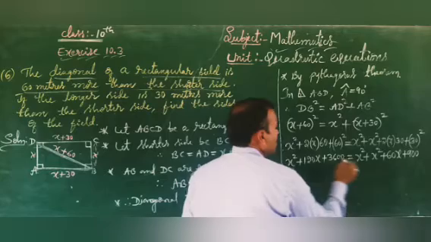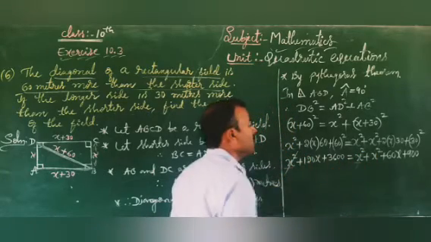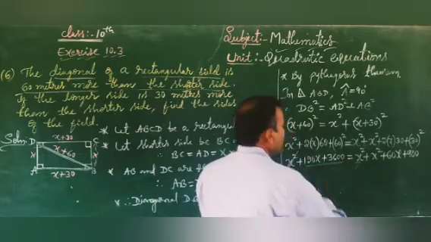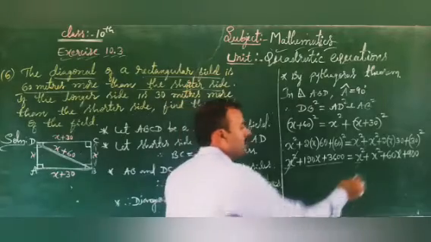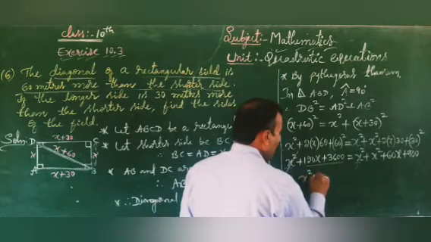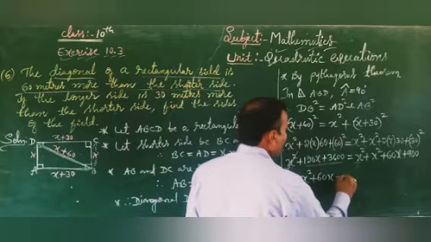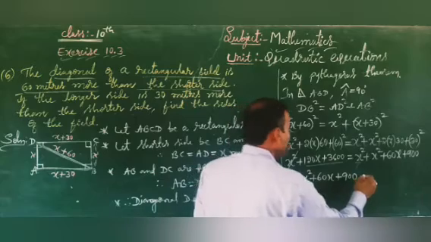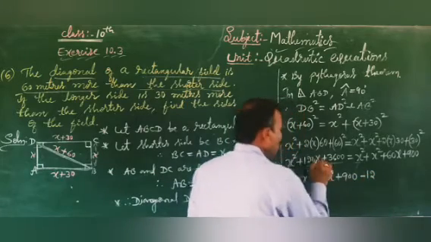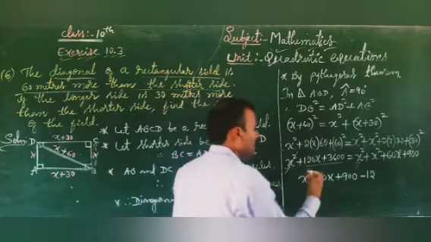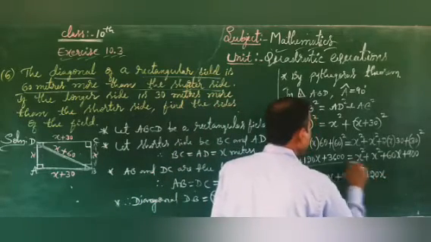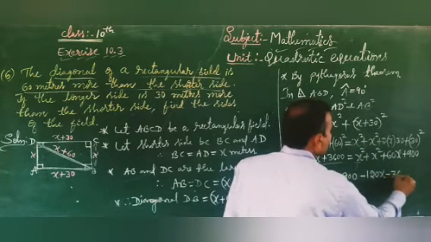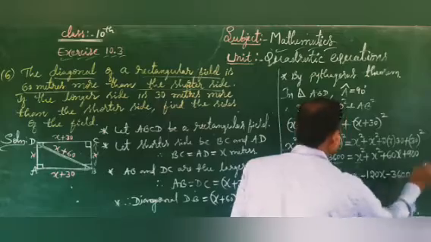Here in the LHS and RHS, x square gets cancelled. Now transpose LHS into RHS. Write x square plus 60x plus 900, minus, transposing 120x to the other side, it becomes minus 120x, and 3600 becomes minus 3600, equals 0.